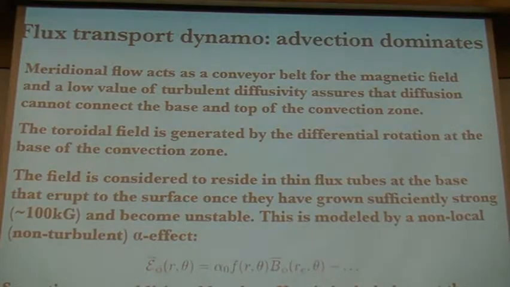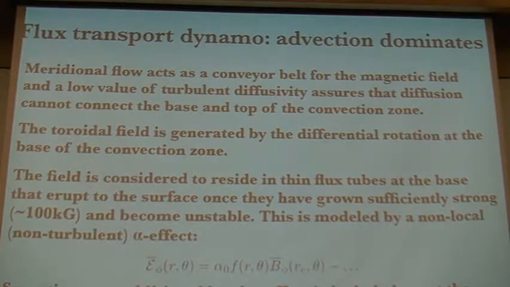Okay, so then in the solar case we have two main contenders for the solar dynamo. The first one is what Piali has been talking about in her talks, what we call the flux transport dynamo, which is a dynamo where advection dominates.